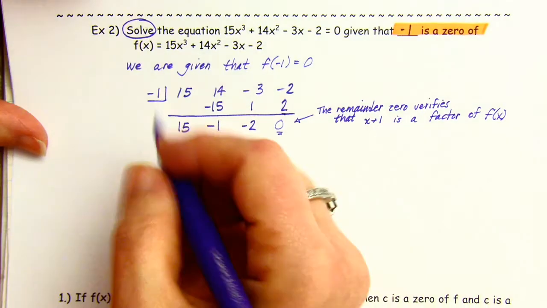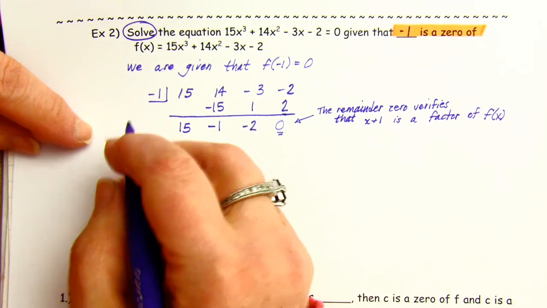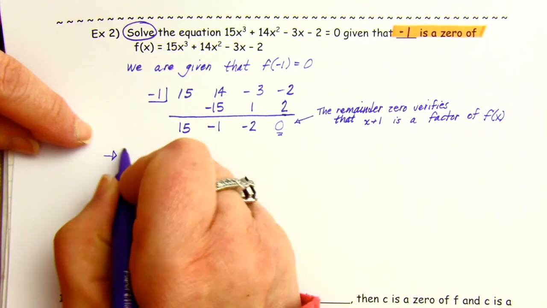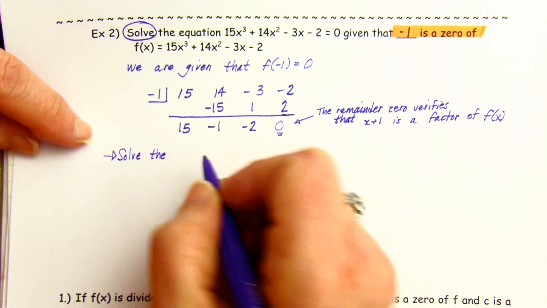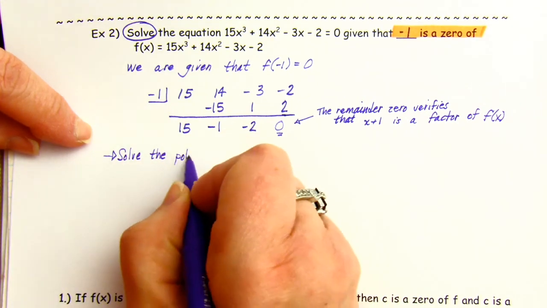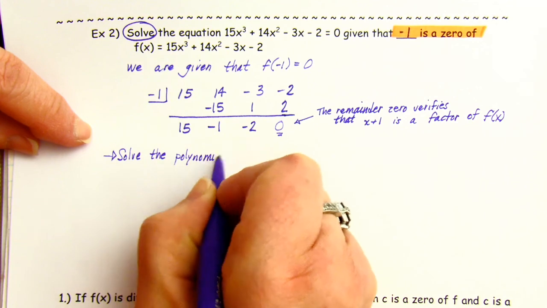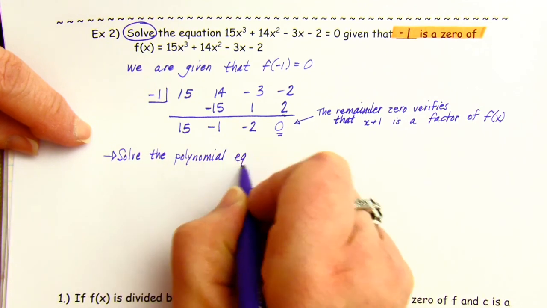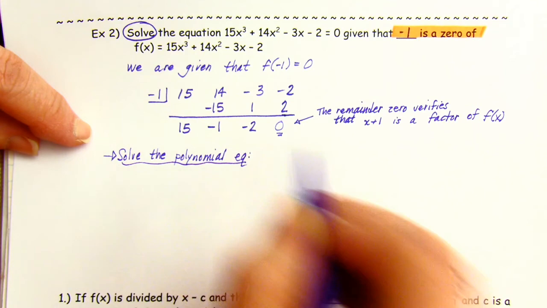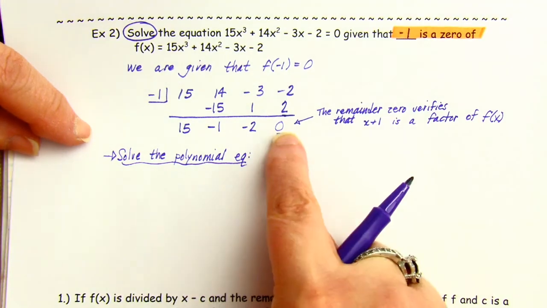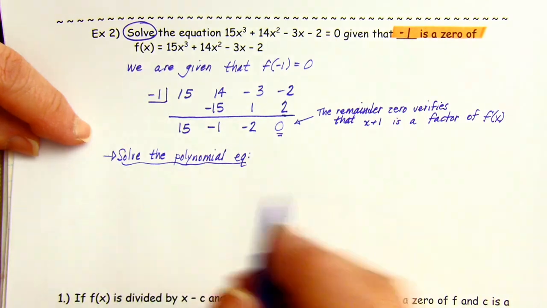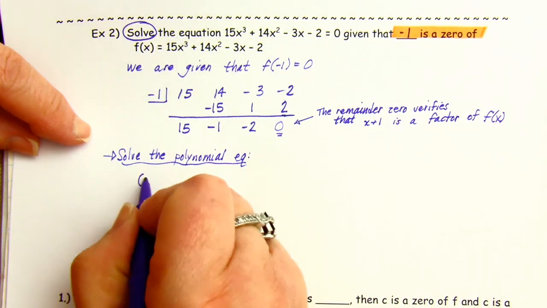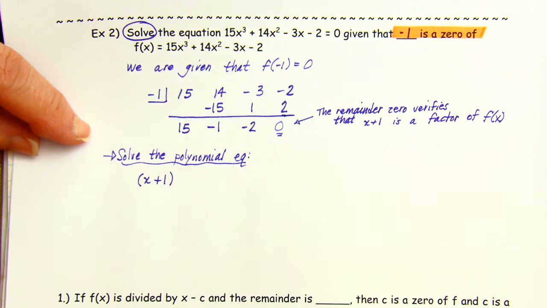All right, now we're going to actually solve the polynomial equation. Again, the remainder 0 verifies that -1 is a 0, and x plus 1 is a factor of the polynomial function.